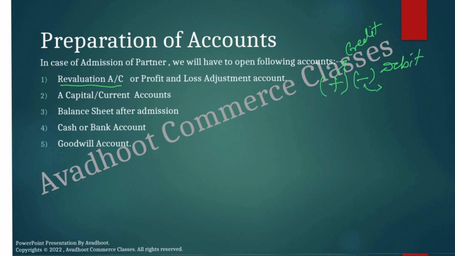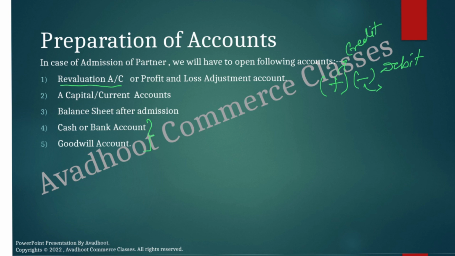What is to be done? You will be given the balance sheet and certain adjustments. When it is given that so and so assets were revalued, their values are decreased, they are depreciated, we'll have to prepare the accounts: the revaluation account, partners' capital or current account, and balance sheet. Then the cash or bank account and goodwill account.